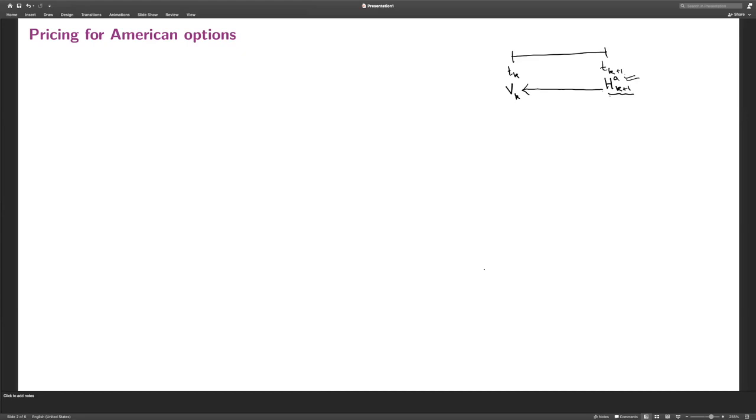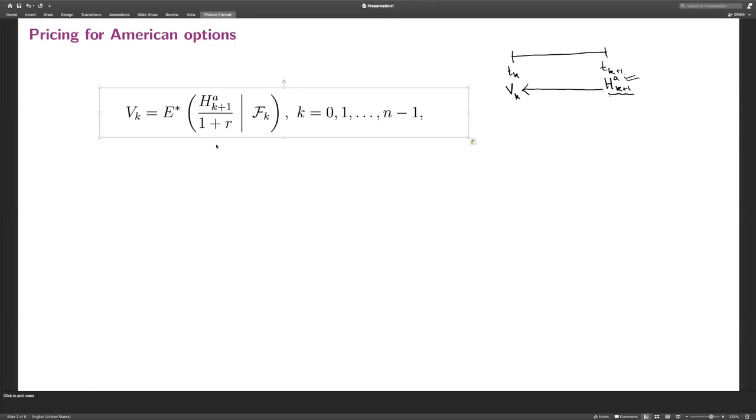The idea goes exactly the same as in the European option, and we obtained V_k in terms of the conditional expectation given like this. Recall that this is your value at t equal to T_{k+1}.